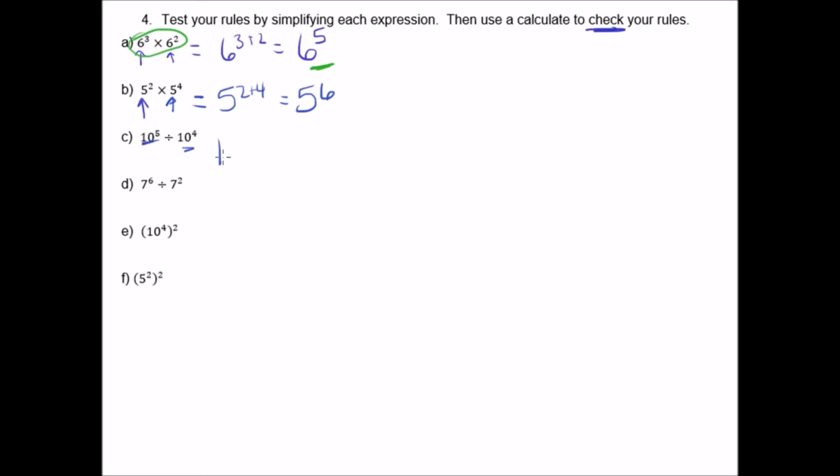Same base, so it's 10, and it's always the first exponent minus the second exponent. That's important because a lot of students just take the positive exponent, but in these cases, it's always the first exponent or the numerator minus the denominator. Okay, same base, 7 to the 6 minus 2, 7 to the 4. Okay, and these two examples here are power of a power. So 4 times 2 is 8, 2 times 2 is 4.